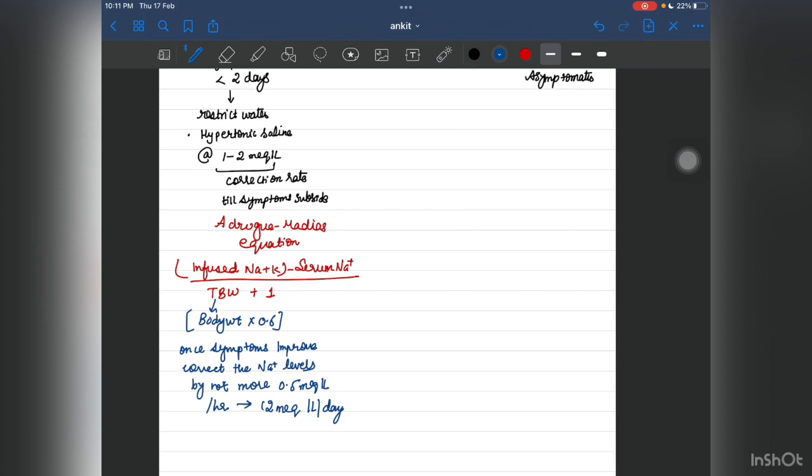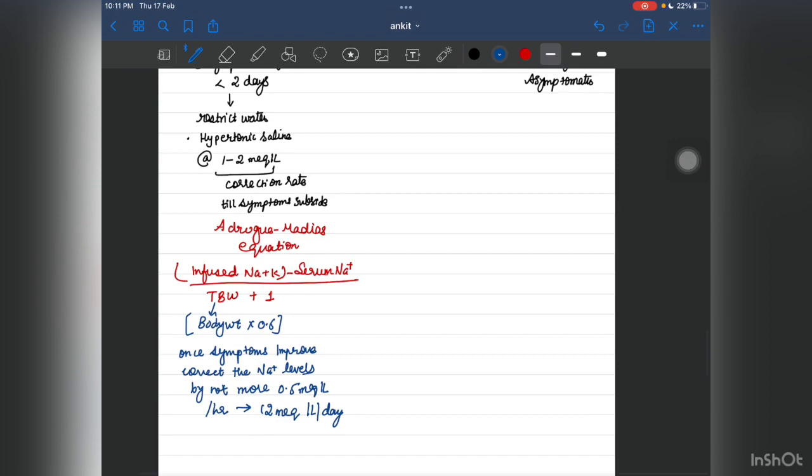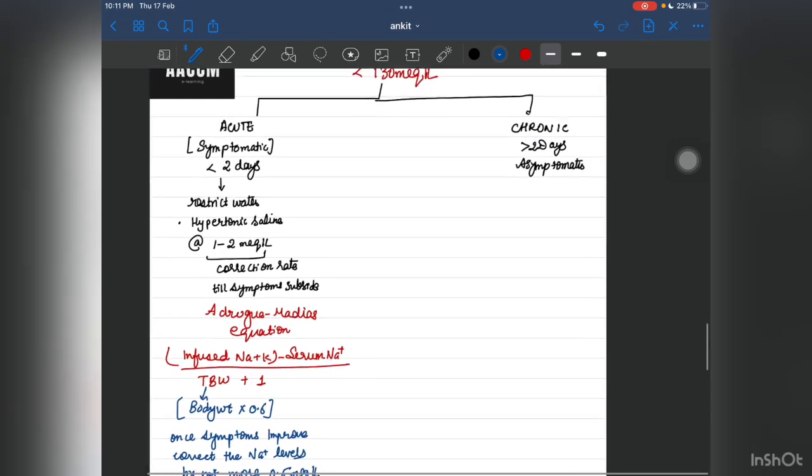This is the thing which you have to remember. Why? Because this will cause central pontine myelinolysis. Okay, this is the scenario of symptomatic or acute hyponatremia, presenting with less than 2 days. Remember the mnemonic SALT LOSS for the same, right?